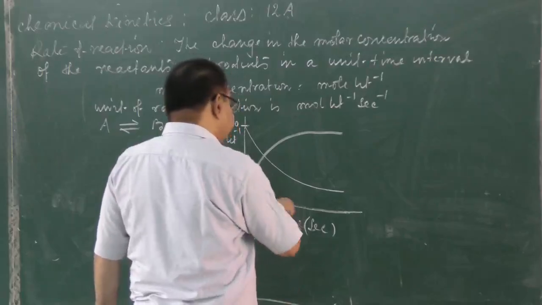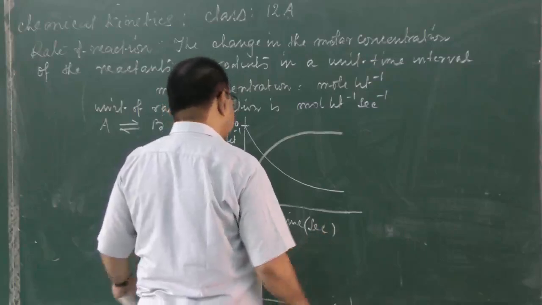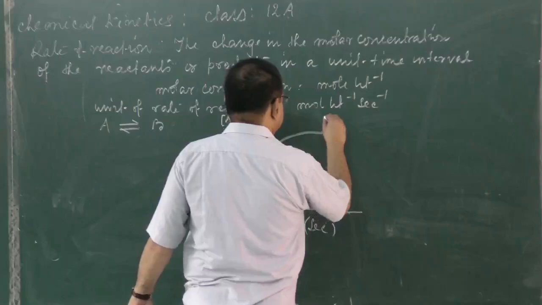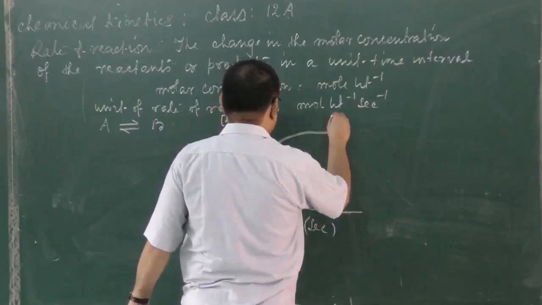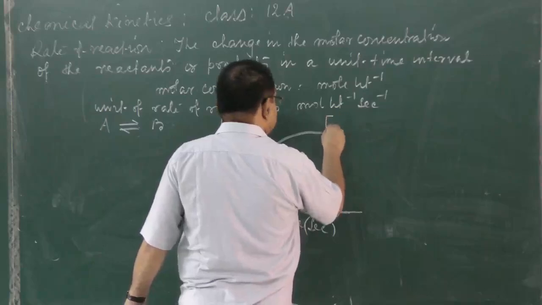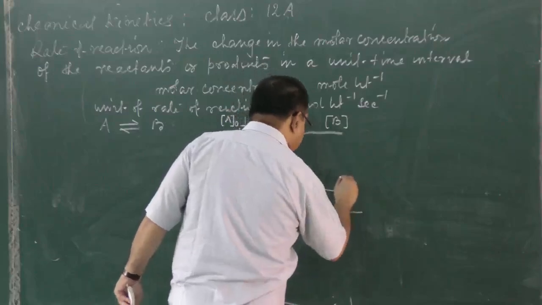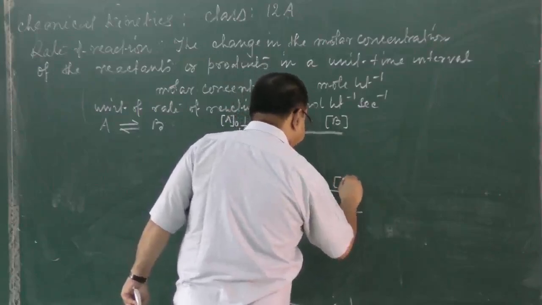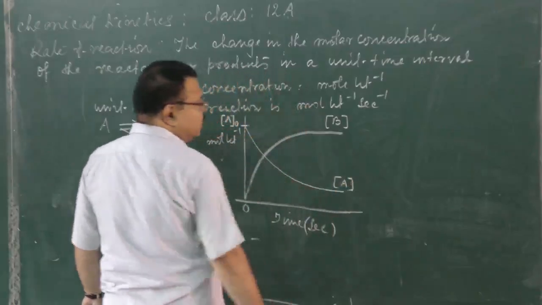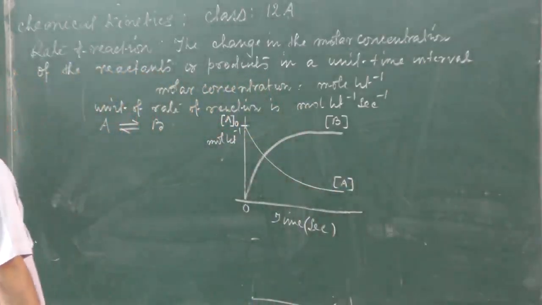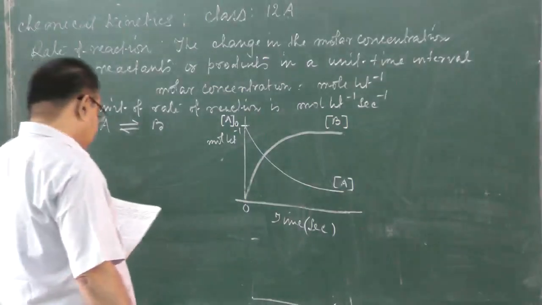As time progresses, the molarity of A gradually reduces, and the molarity of B, that means the product, gradually increases.